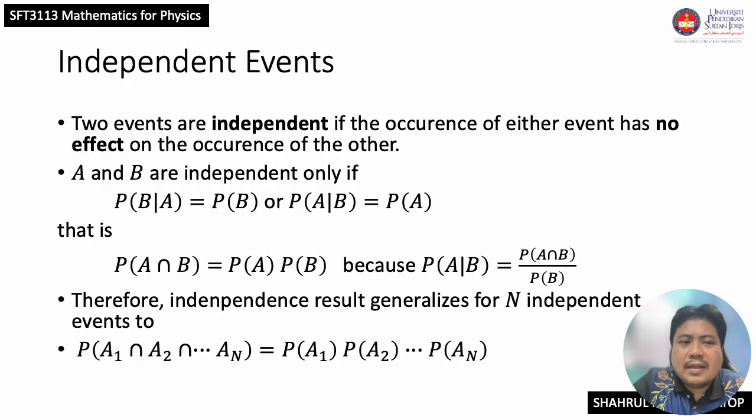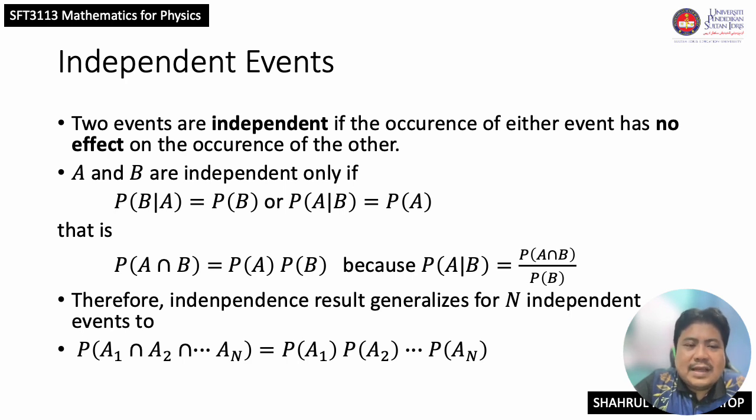Now let's introduce independent events. What are independent events? Two events are independent if the occurrence of either event, A or B, has no effect on the other. So A and B are independent only if the probability of A given B is equal to the probability of A, or the other way round.